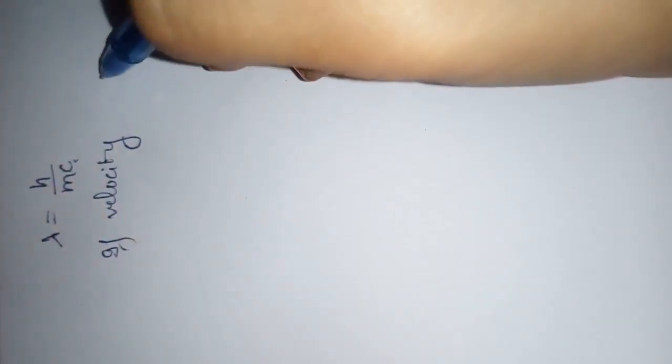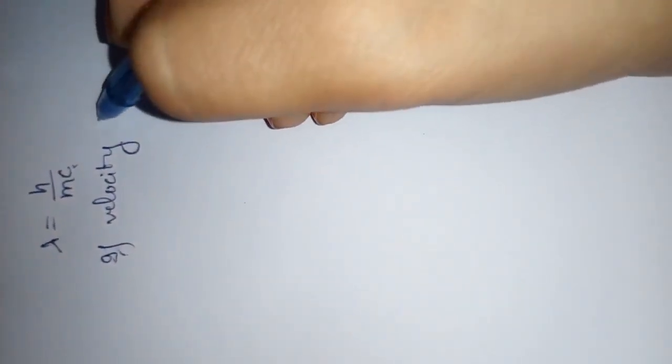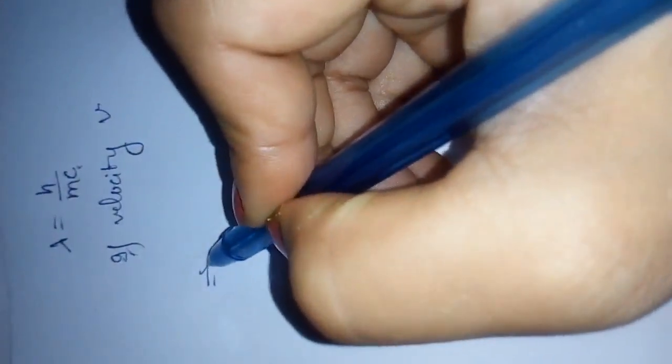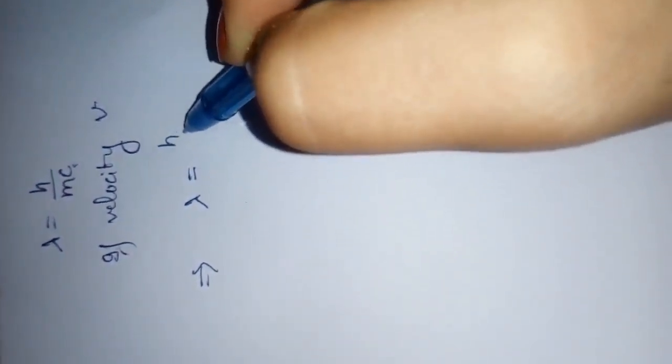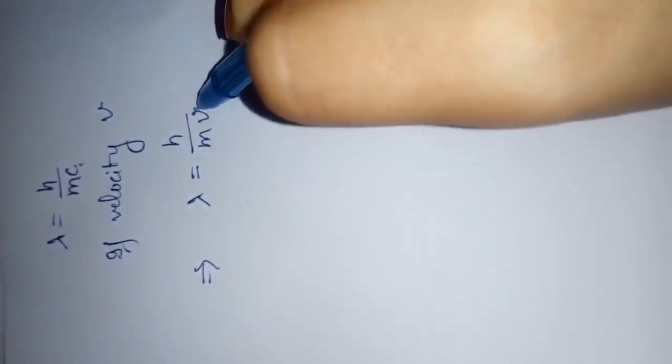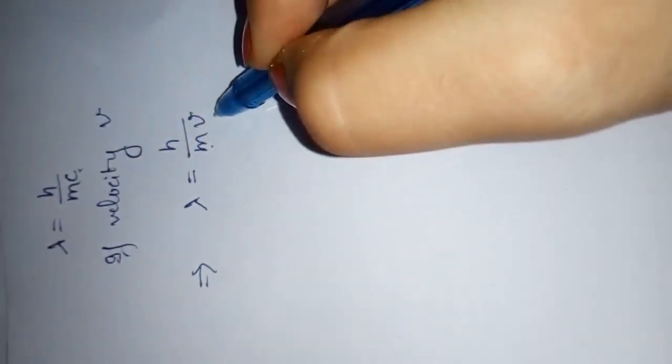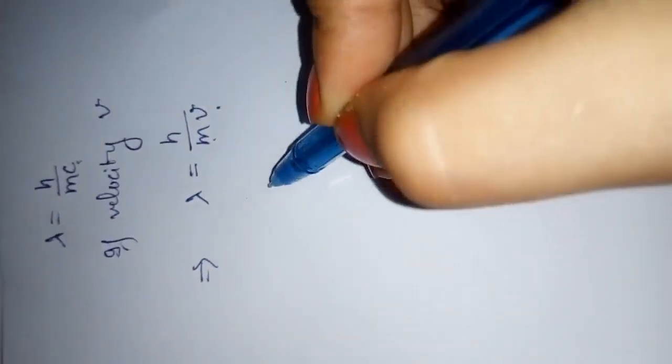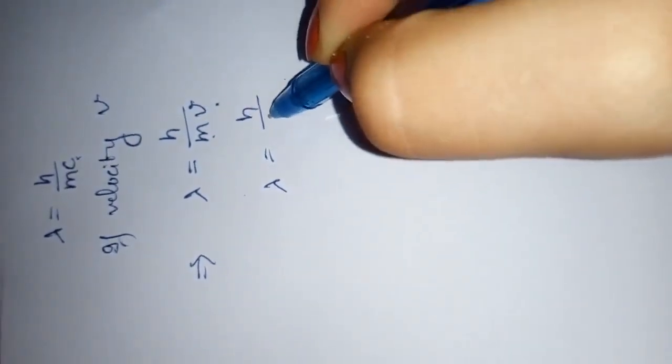Now here c is the velocity of light. If the velocity of a moving material object is v, this equation will become lambda is equals to h upon mv, and mv we have studied is momentum, so lambda is equals to h upon p.